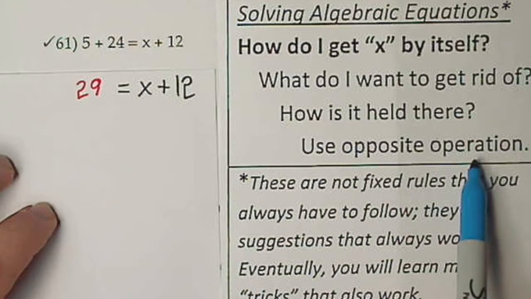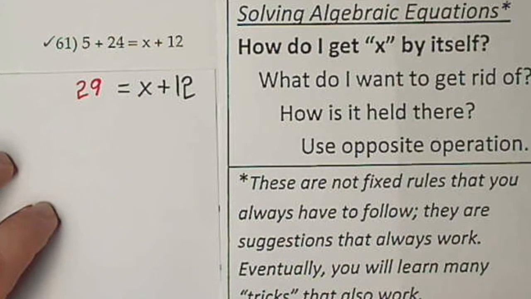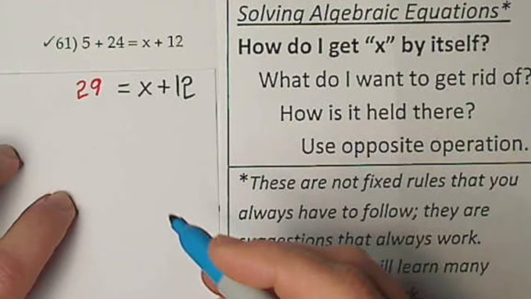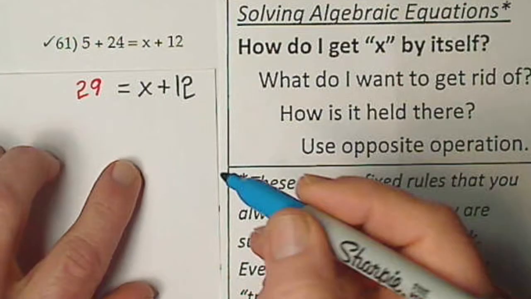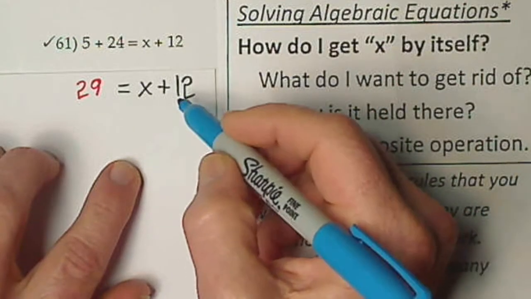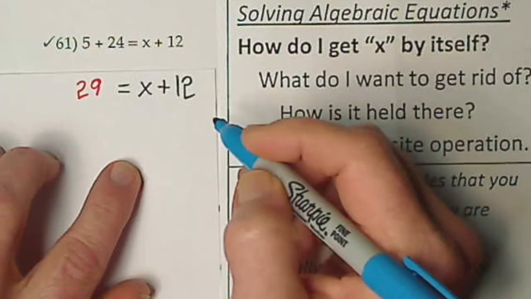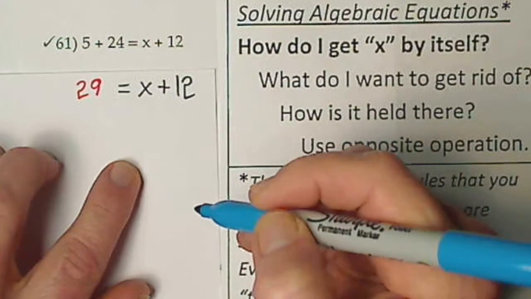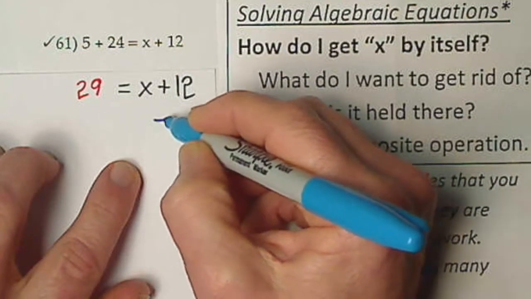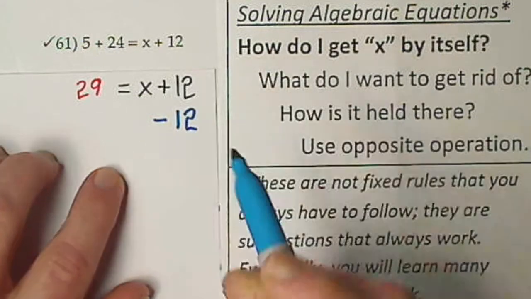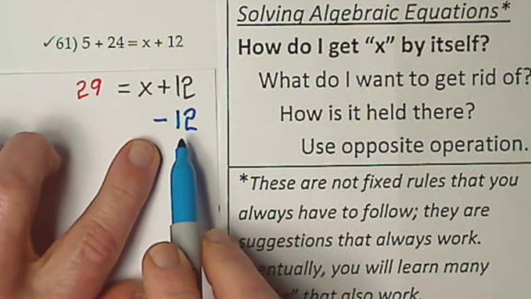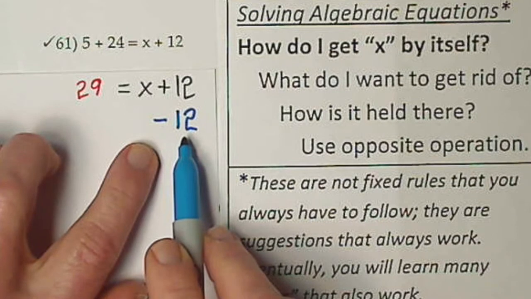So I can use the opposite operation. With addition or subtraction you achieve the opposite operation by just putting the same number with the opposite sign. So I'm not taking this positive 12 and making it negative. I'm introducing something new to this side of the equation. I put a negative 12 here.